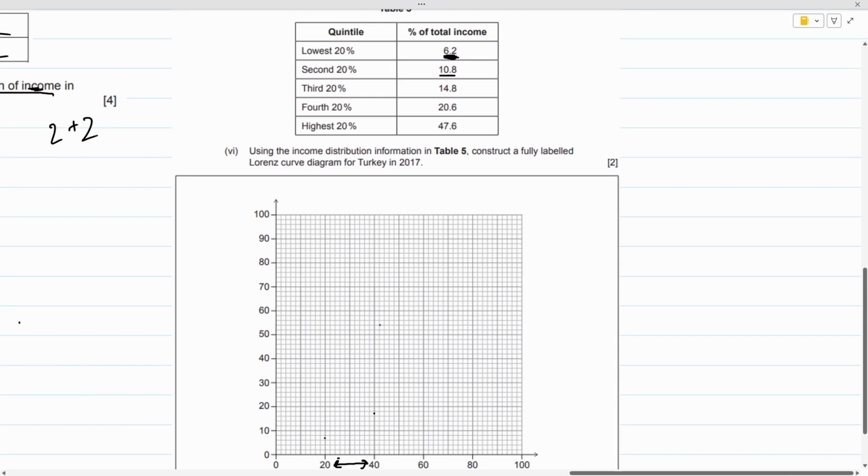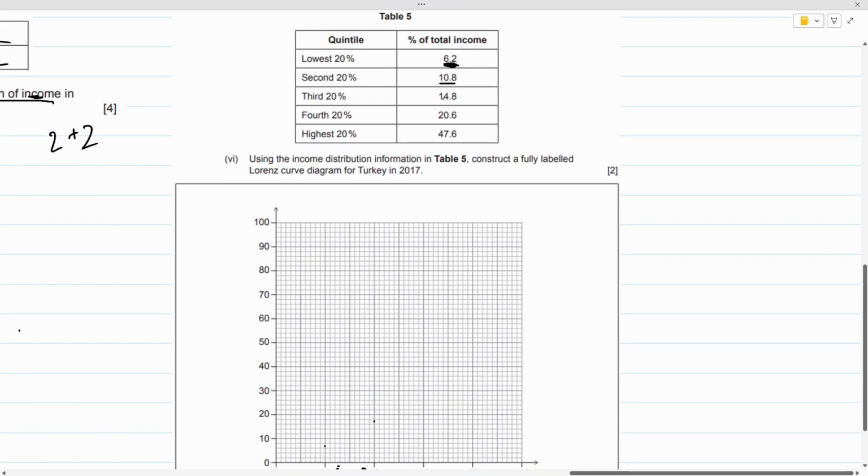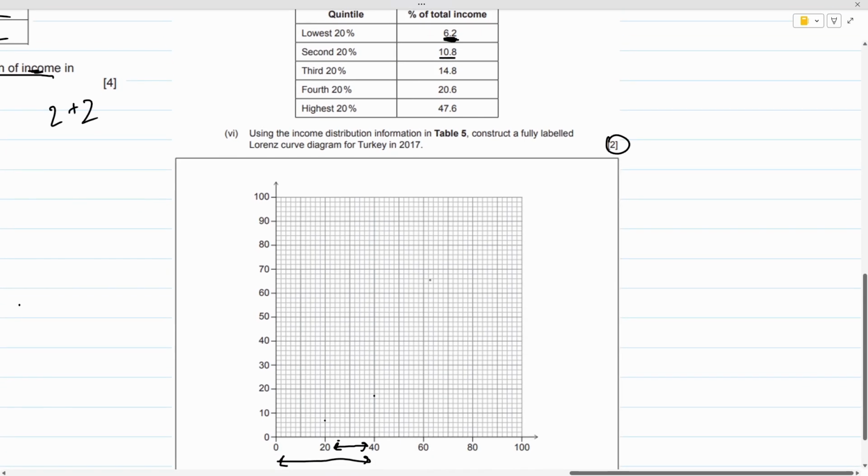All right. Now, if you get that concept right, it's pretty straightforward from there on. That's why this is only given as 2 marks. So you had 17 there, so you add 17 to 14.8, and since this is the third 20%, mark this at 60. 17 plus 14.8 gives you 31.8.